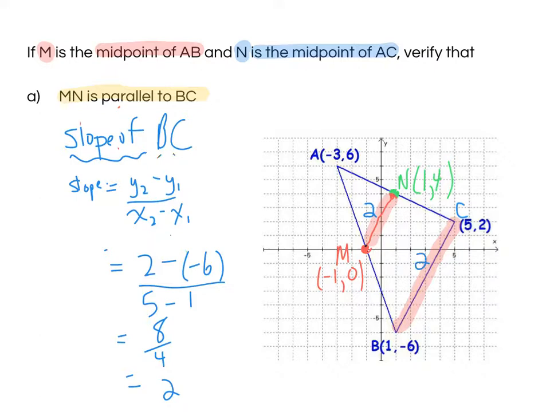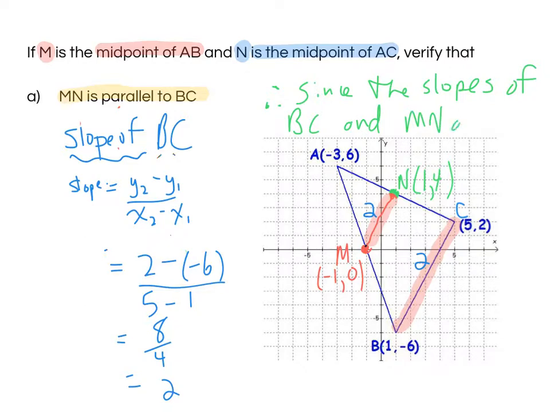So there's my 2. So I would make a therefore statement at the end of this, indicating what I've figured out. So my therefore statement, I'm going to stick it up in this corner, and I would say, therefore, since the slope of BC and MN are both 2, the lines are parallel.